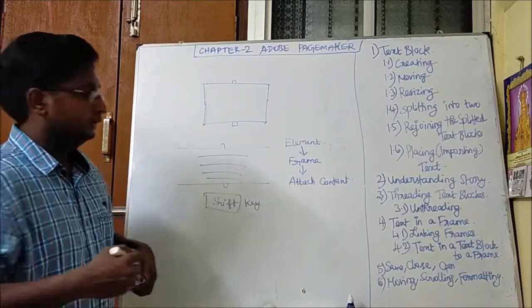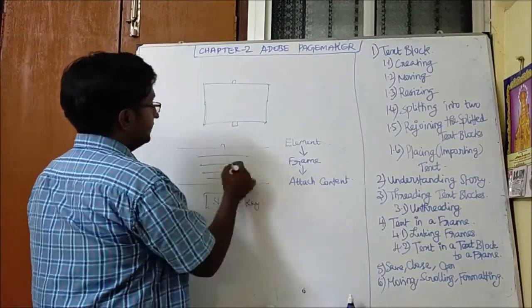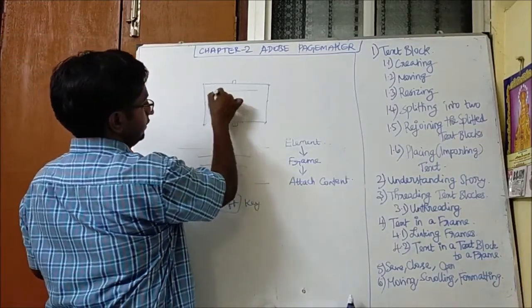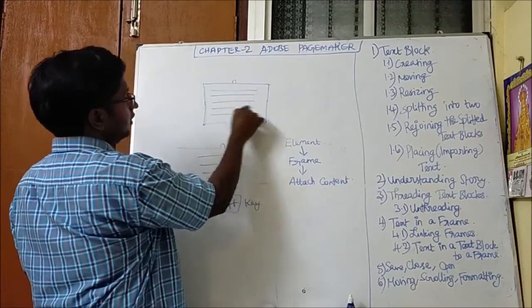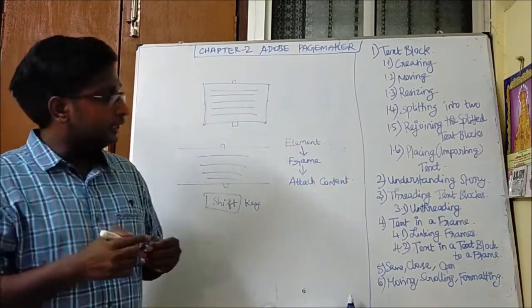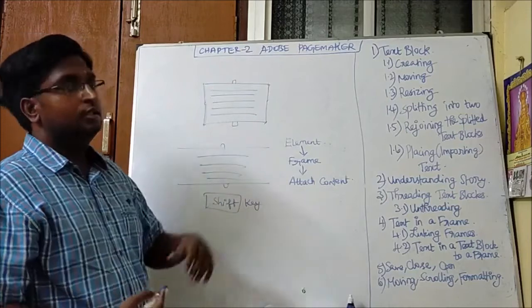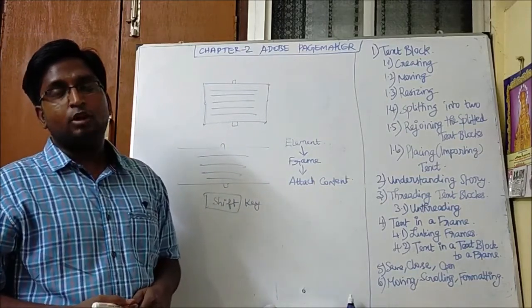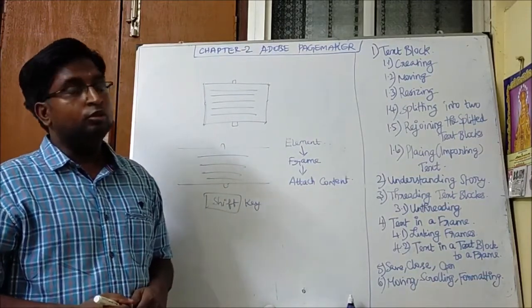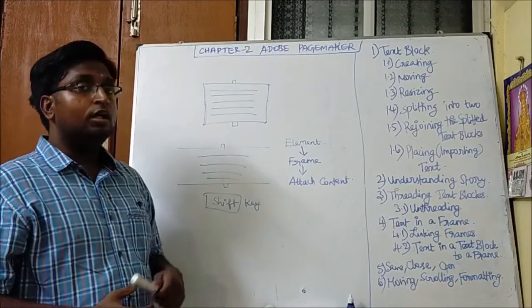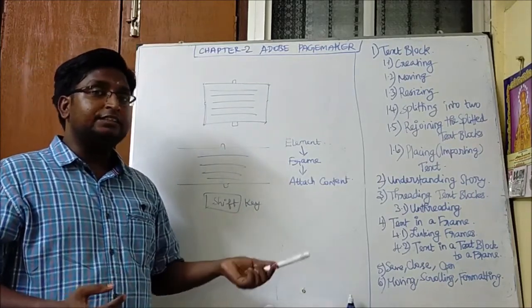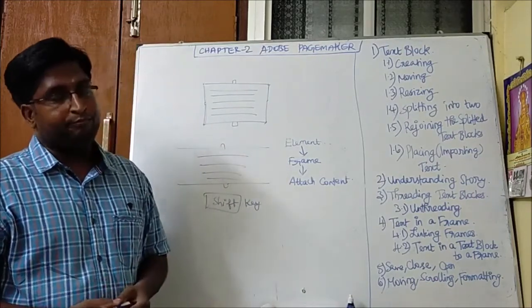Once you give this, automatically the selected text will be placed in the frame, from the text block to the frame. So this is how we convert the text in a text block to a frame.